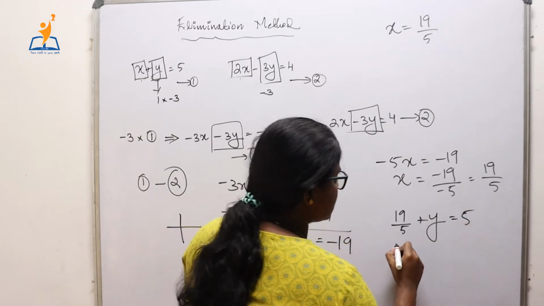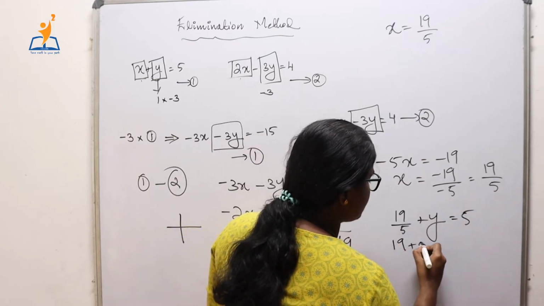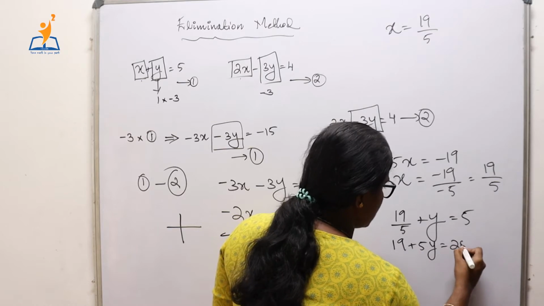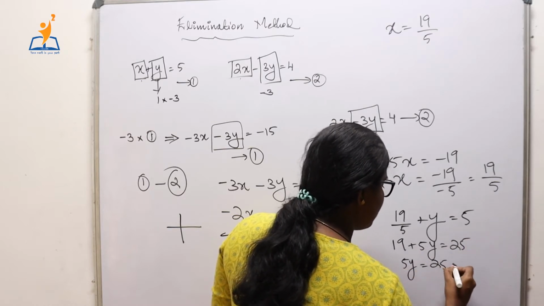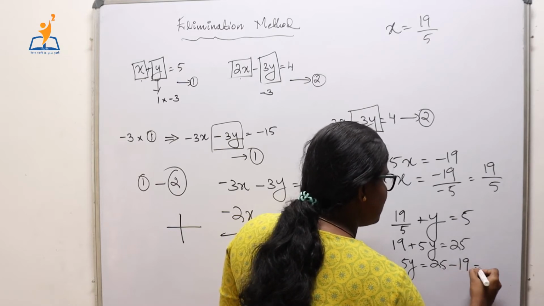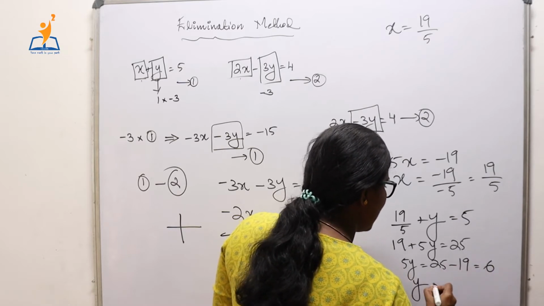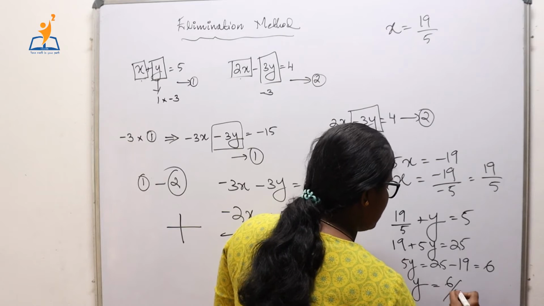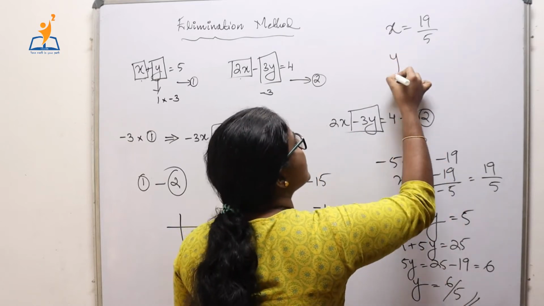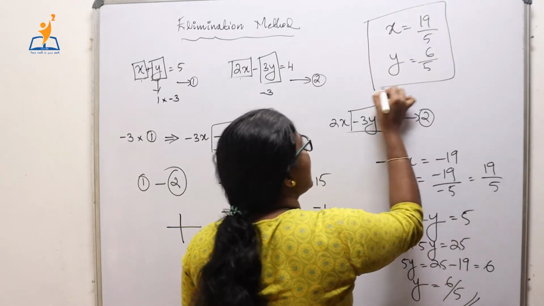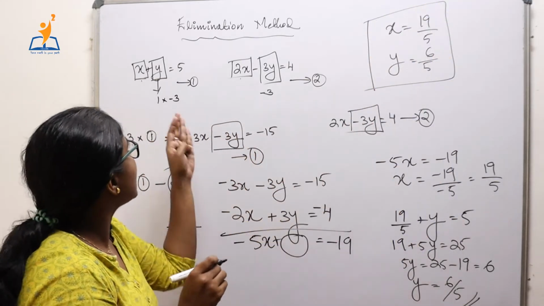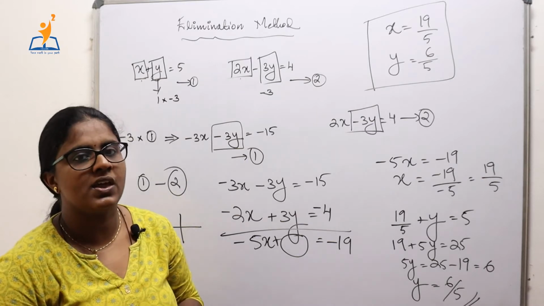So we will take LCM first, that is 19 plus 5y equals 25. 5y equals 25 minus 19, which is 6. Therefore y is equal to 6 by 5. This was the same solution we got when we eliminated x from both equations.